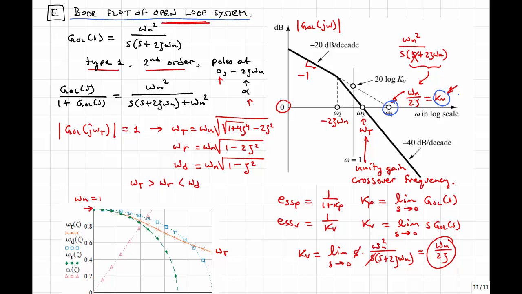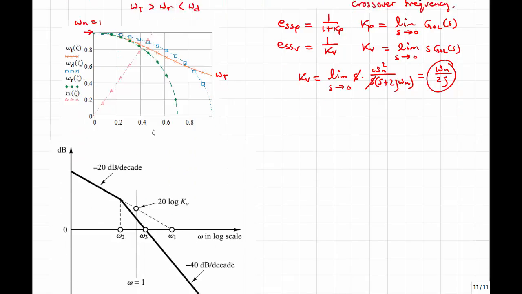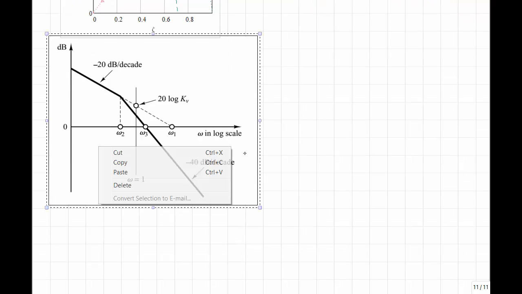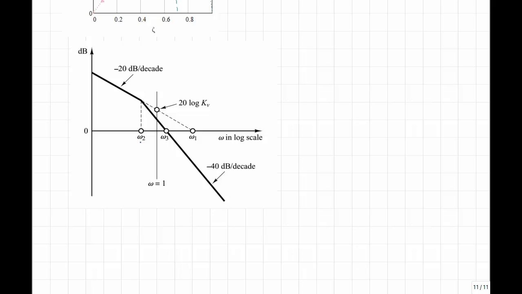The reason I point that out now is that this leads to some other interesting results. Let's bring up a fresh plot here. What we have is this point here is 2 zeta omega n. This point here is 1 over 2 zeta times omega n. And if you notice, it's no mistake, these two distances are equal on this log scale.